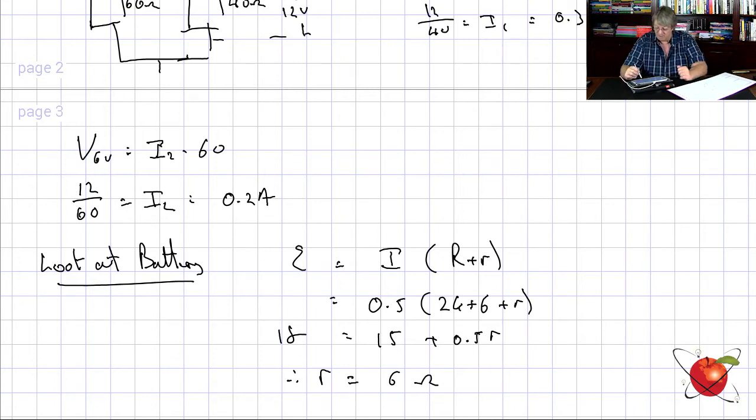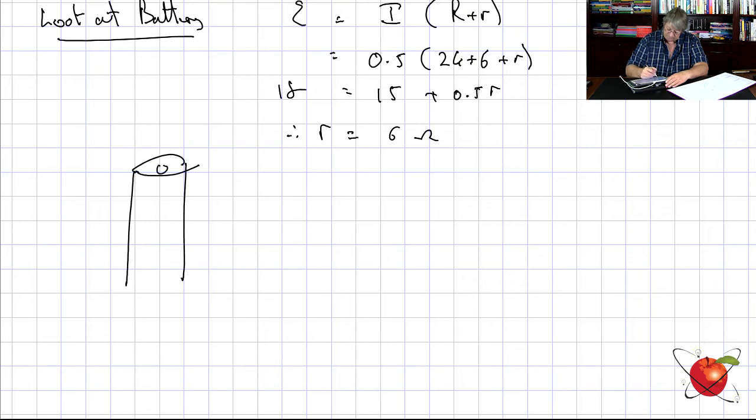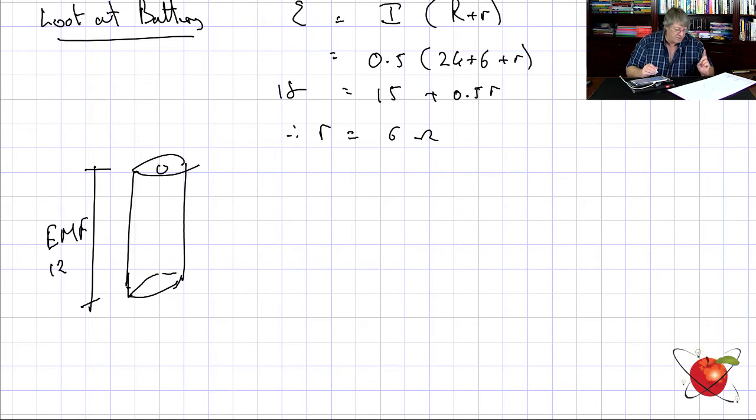There we go. So essentially, what are we saying? Just to recontextualize it, we said that the battery EMF was 18 volts. EMF is 18 volts.